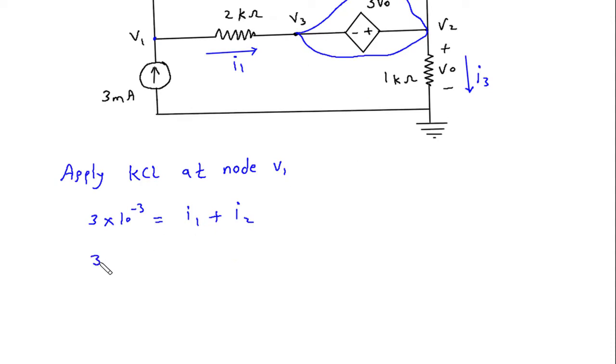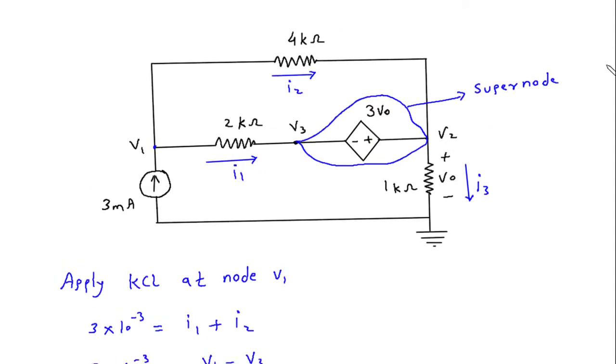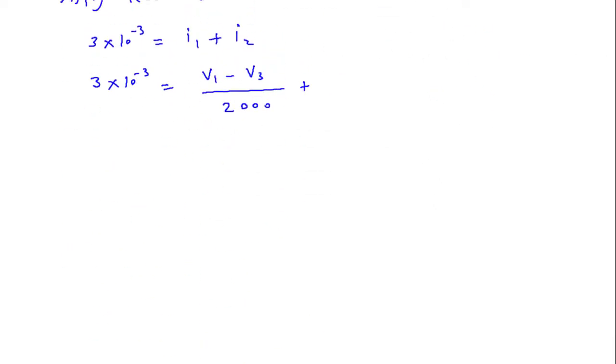Now this I1 is equal to V1 minus V3 by 2K, means 2000, plus I2. I2 is V1 minus V2 by 4K, means 4000.